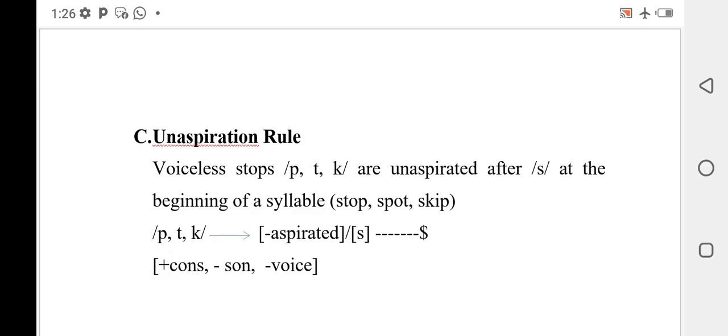You know that the sign I told you could be "after" or "in the environment of". So voiceless stops are realized as unaspirated, or minus aspirated, after S at the beginning of the syllable.